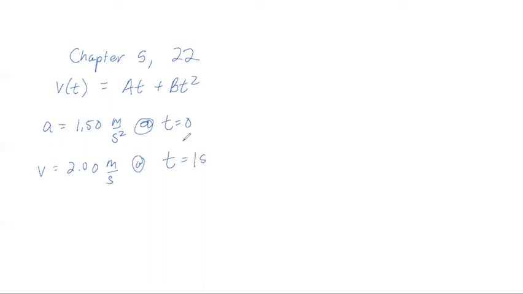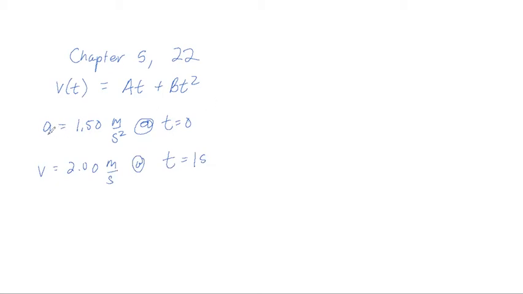So for part A, we determine A and B, including their SI units. So I'm going to go ahead and determine A and B. For the first one I'm going to use the acceleration because I love the fact that t equals 0, so one of the terms is going to drop out.